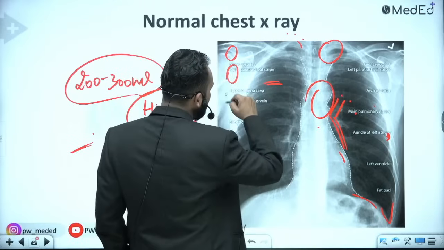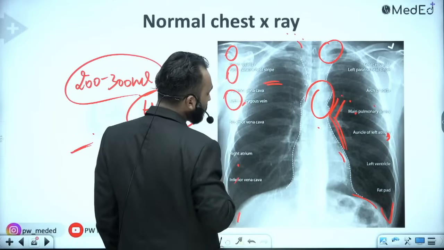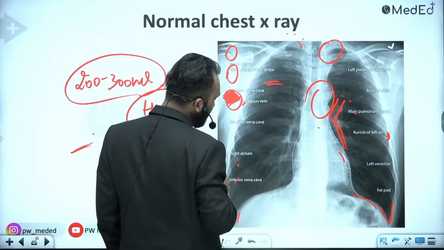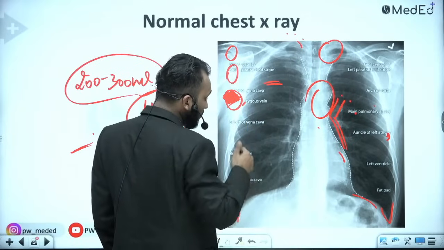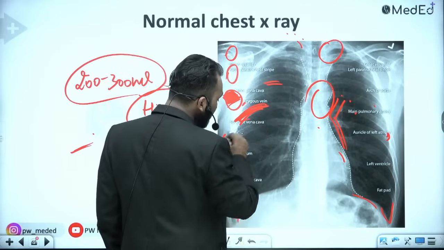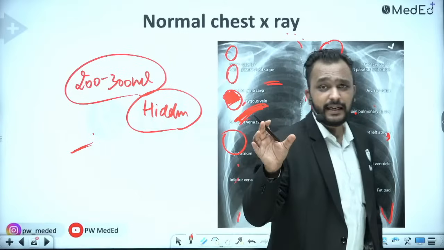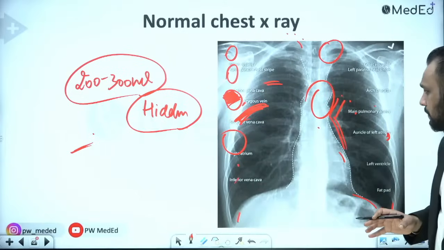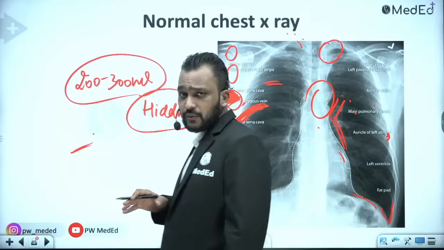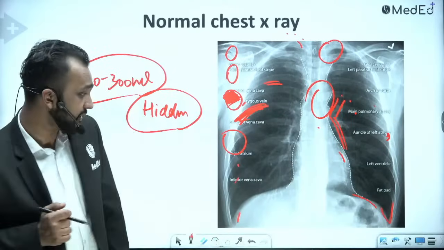Then your water, which will appear white, bright, and brighter than water will be your bones. And more bright than bones will be your metallic artifacts. So these are the densities that you are going to encounter in a chest X-ray, in any X-ray.